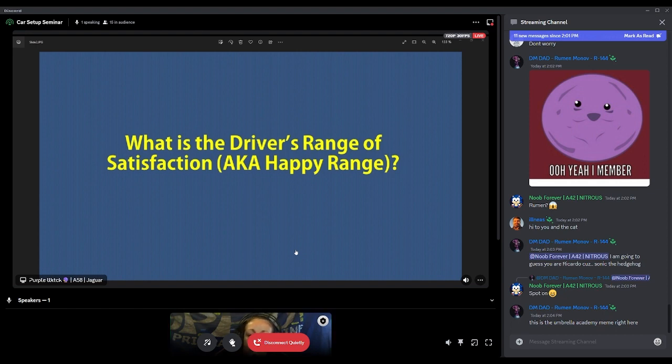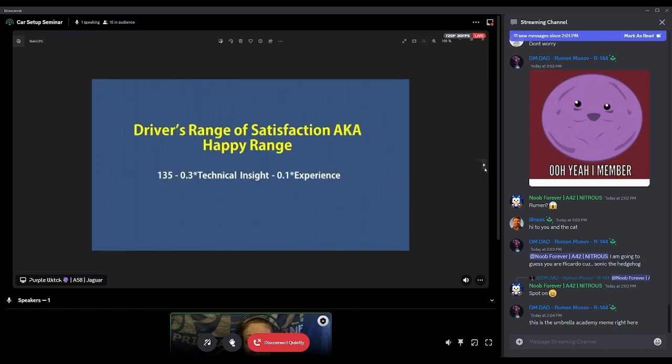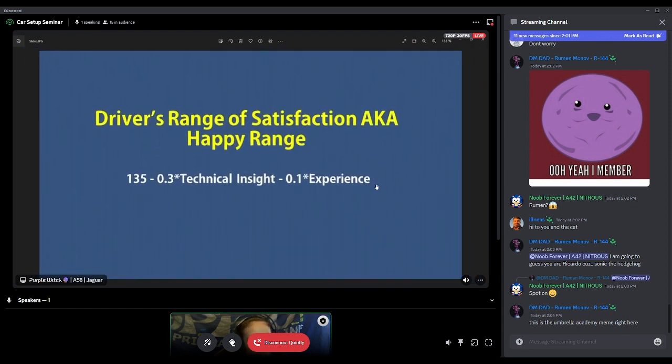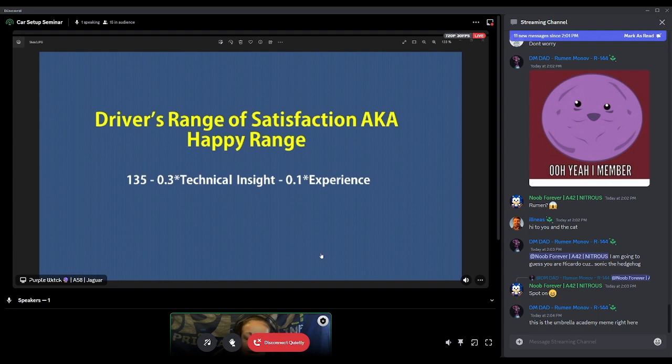So what is the idea here? First, I'm going to share with you this little formula that is not meant to be shared, but it's still being shared. That is the happy range formula.